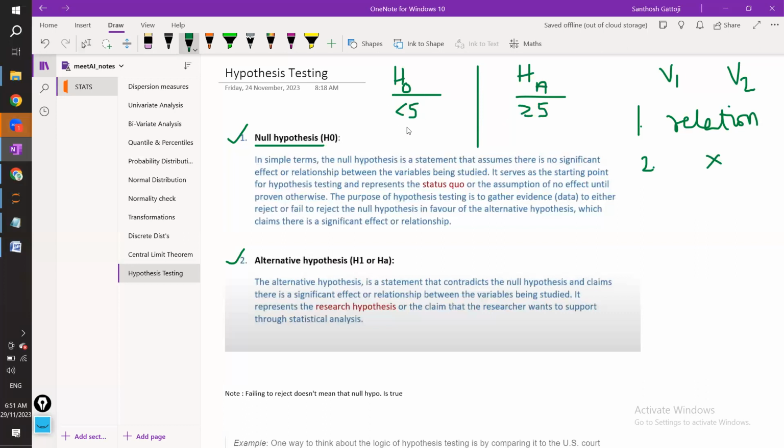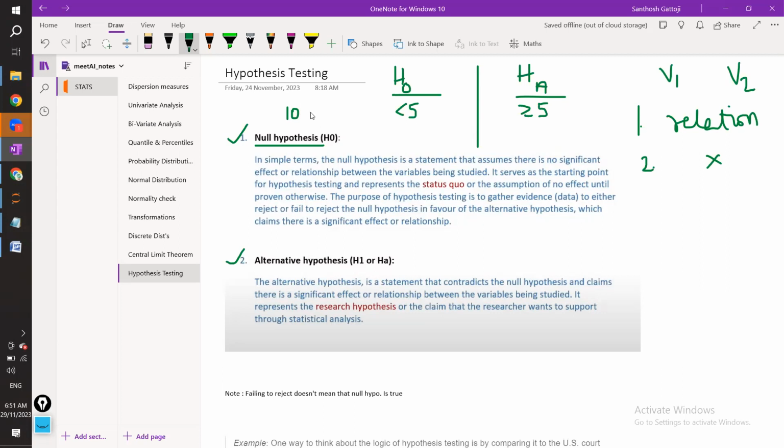But it cannot be like if this is equal to 5. See, try to understand. In a simple example, if null is saying less than 5, and alternate is saying greater than or equal to 5, and I get a value 10, which one should I accept?